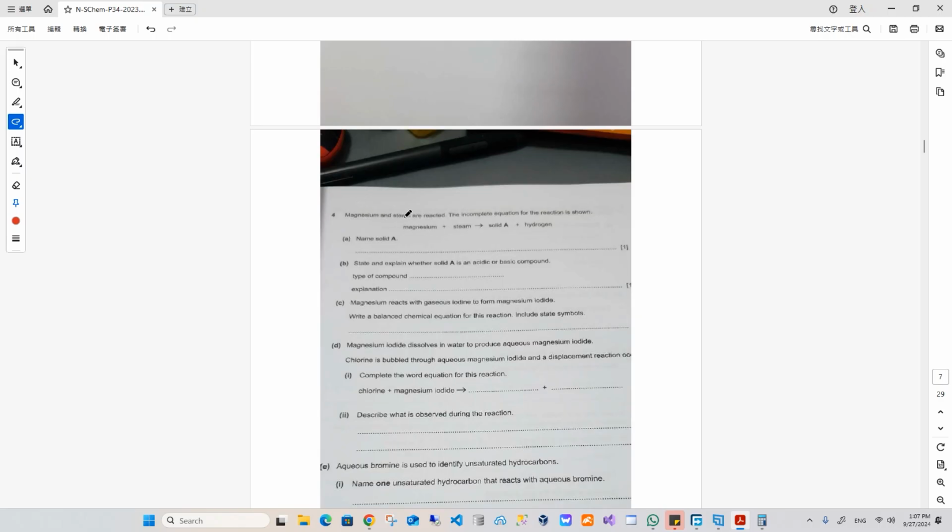Magnesium and steam are reacted. So it's a metal reacting with steam. This is a very reactive metal. In your metal chapter, we learn about metal reacting with water, metal with steam, metal with acid.